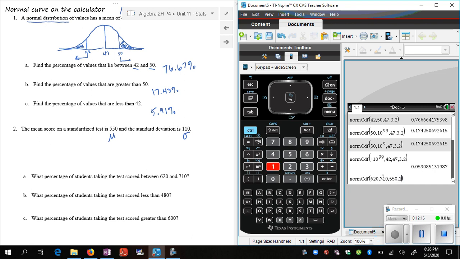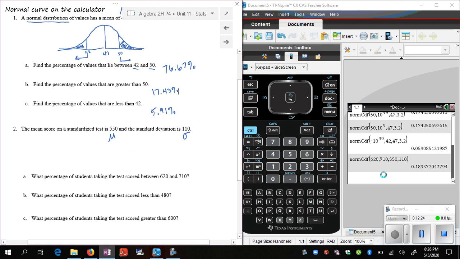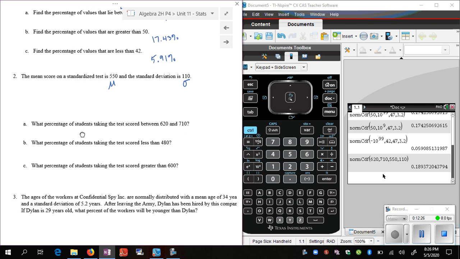our sigma value is 110. At this point, I'm going to talk about how we would show work for a question like this, because we're obviously using the calculator to answer it. To show work, we would write normcdf, exactly as I typed it into the calculator: 620, 710, 550, 110.